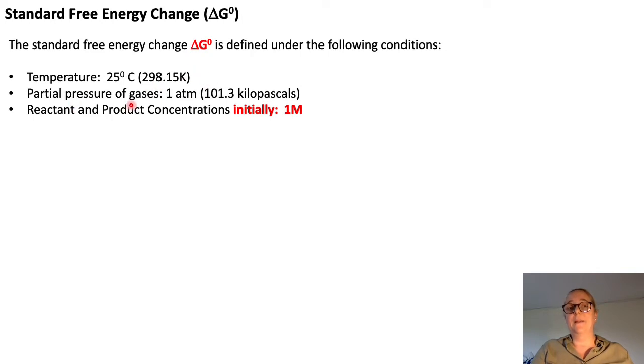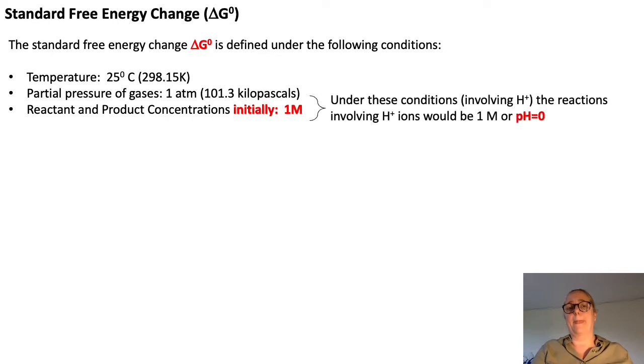The partial pressure of gases is 1 atm, or 101.3 kilopascals. And the reactant and product concentrations are initially 1 molar. So for reactions involving hydrogen ions, the hydrogen ion concentration would be 1 molar, or pH 0.